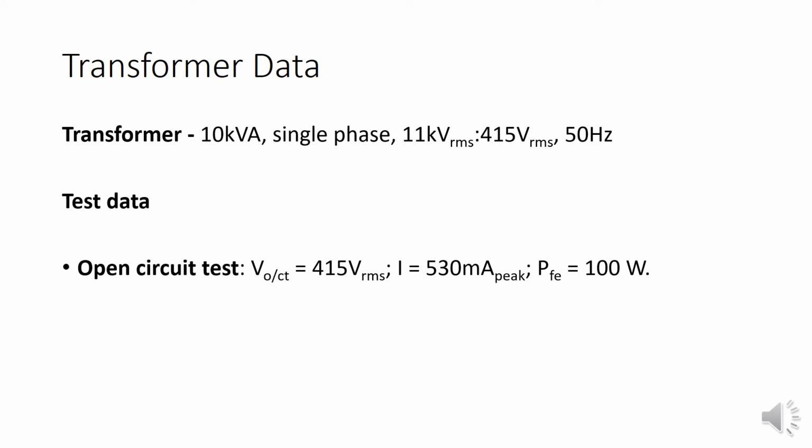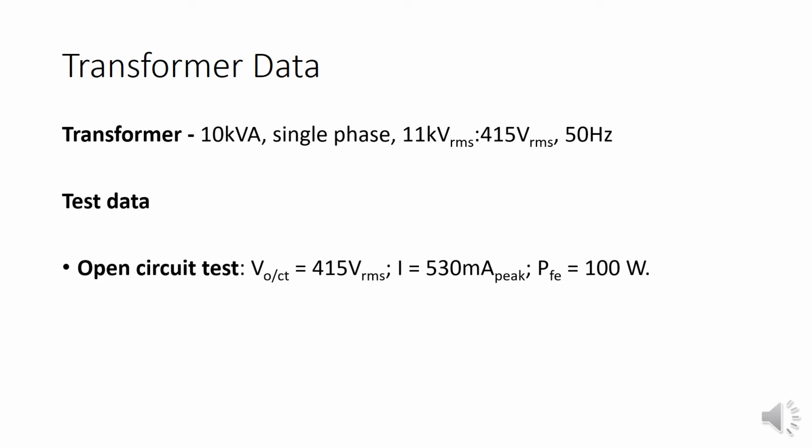That means there won't be any current going through the load. At the secondary side you will have 415 volts, and at the primary side you will have 11 kilovolts, because you are given 11 kilovolts to 415 volts.